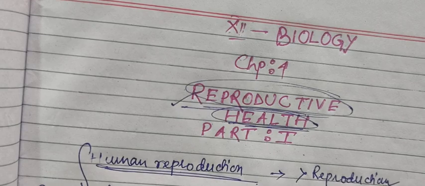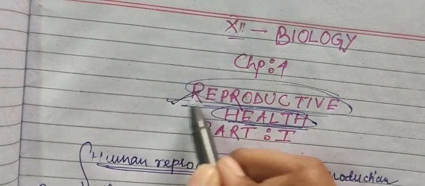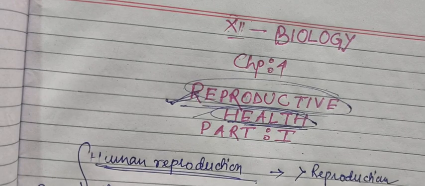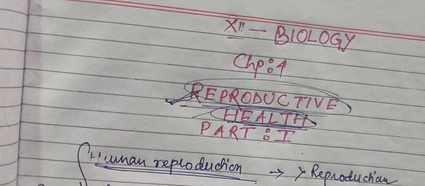It means all the organs and systems utilized in our reproduction, like testes, ovary, vagina, penis, bulbourethral gland, all those organs and systems functioning properly, and there is perfect balance between the environment and the body. So you can say it in this way.